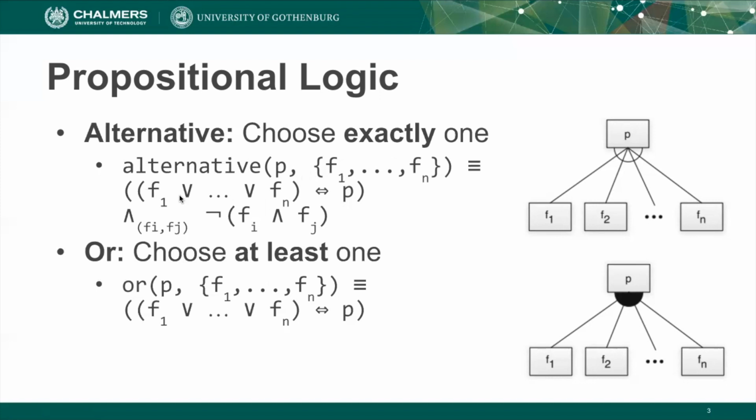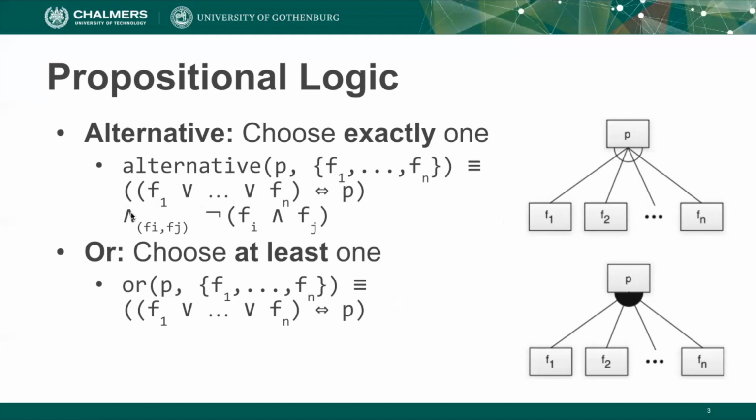So what we have is child 1 or child 2 or child 3 until the final child. If we had 3 children, this would be child 1 or child 2 or child 3, which must be chosen with P. So if we choose P, we must choose at least one child with this or. If we select at least one child, we must choose P.